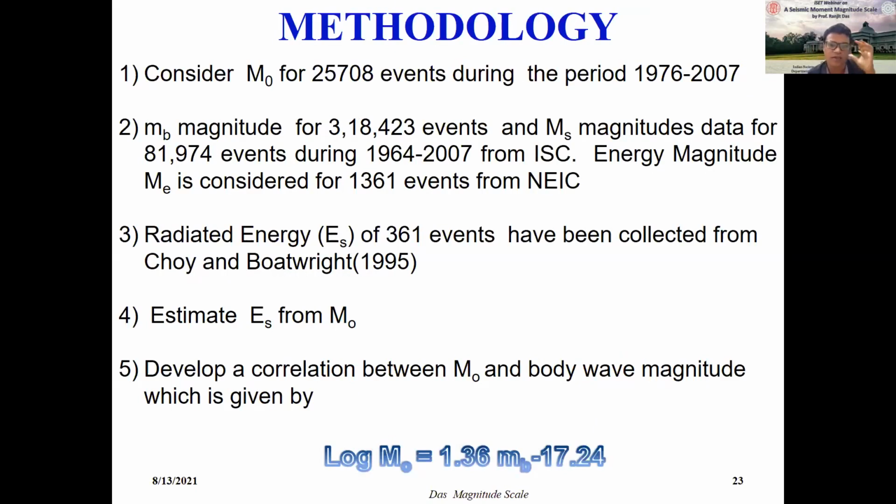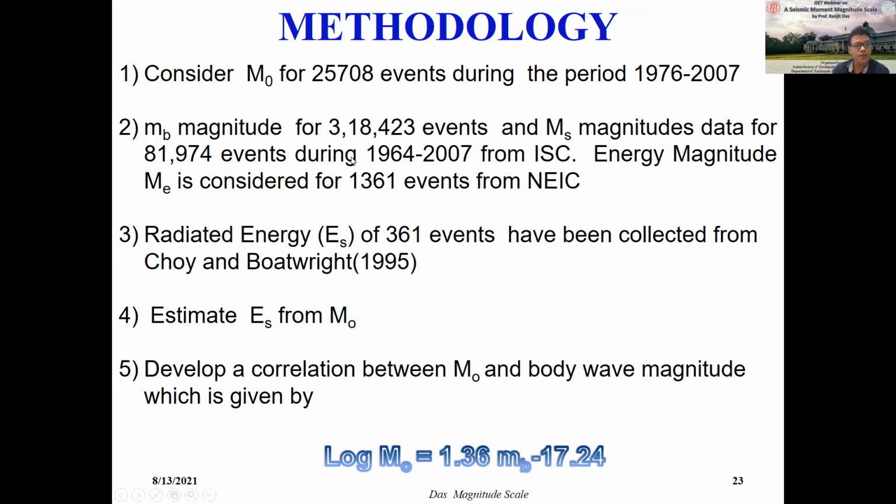Now I will say how this scale has been developed. For developing this scale, we consider not a specific seismicity or specific tectonics. We consider the entire globe, seismic moment data. It has considered 25,000 data during the period of 1976 to 2007.